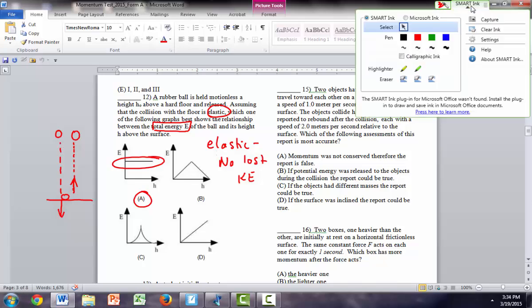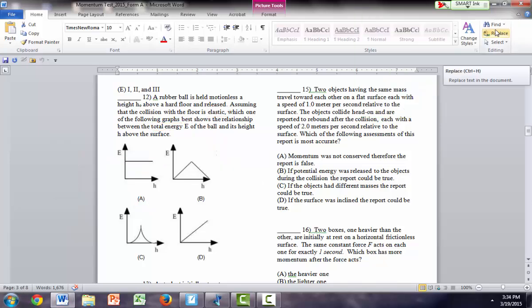Number 15 was the next one. Two objects having the same mass travel toward each other on a flat surface, each with a speed of 1 meter per second. So they're on a flat surface. The objects collide head-on and are reported to rebound after the collision, and each one has sped up.